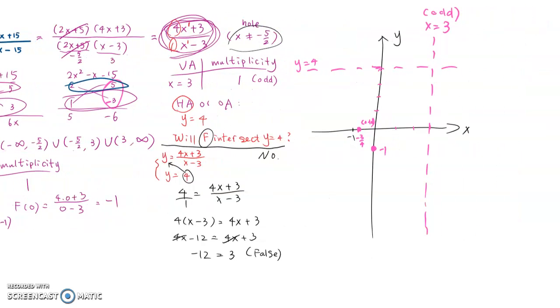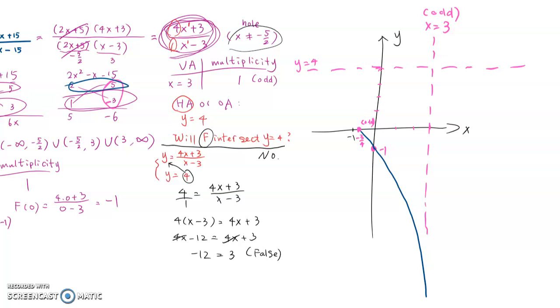Okay, so let's start graphing this function. So first of all, we know I have to connect these two together. After your graph passes the y-intercept, it can't go up because we only have one x-intercept, so it has to go down, all the way down.